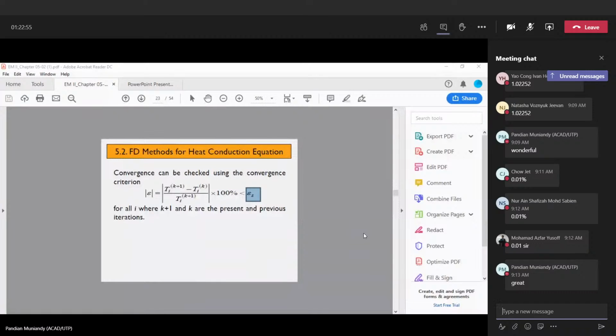Now, for temperature 2, T2 subscript, second temperature: 0.02091 minus 0.02091 divided by 0.02091 multiplied by 100%.